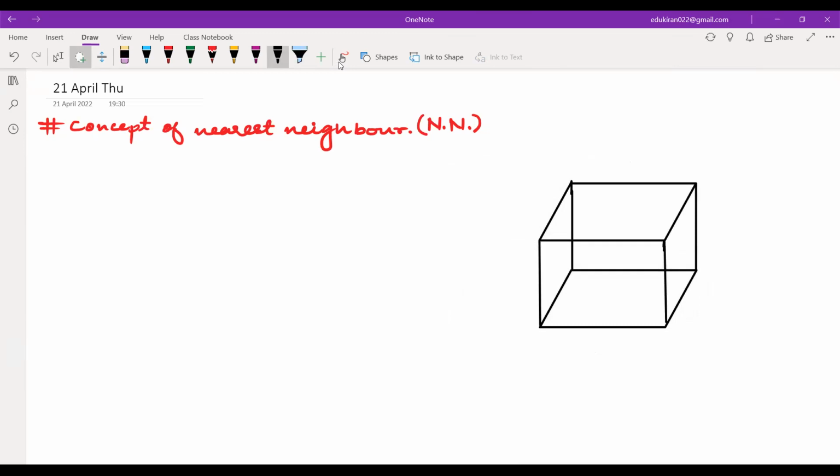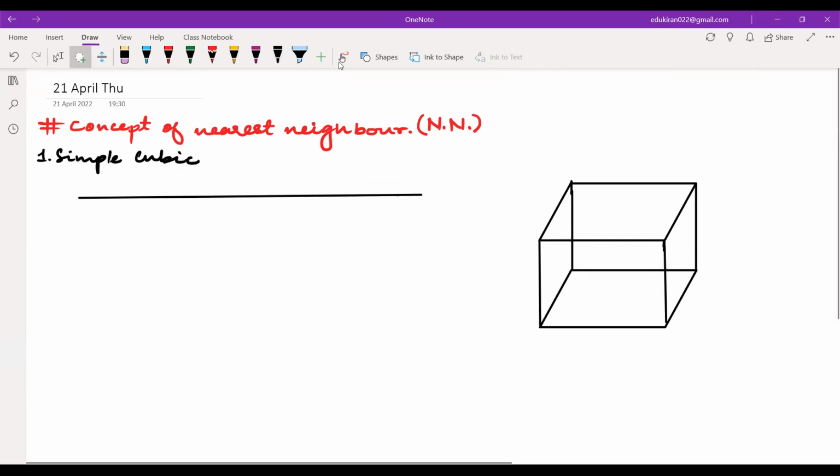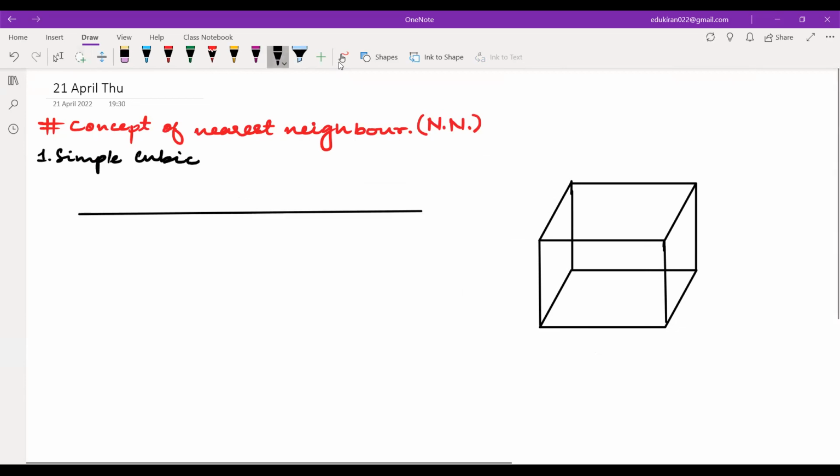Then I need simple cubic and all. So for that, I will take a line. So first we will be discussing simple cubic. So the simple cubic crystal lattice, then the distance, and then the number. How many atoms are there? Okay, the nearest neighbor, and then the next nearest neighbor, and so on.